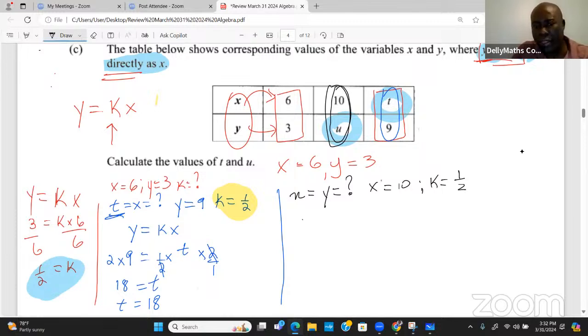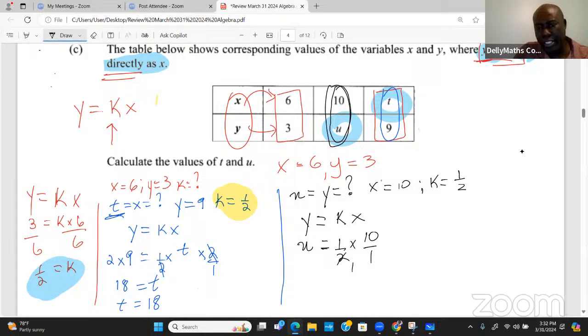Now, the same formula that we have been using will work until this question is finished. Y is equal to kx. As you could see, y is what we want to find. It is called u, and it is equal to k, which is half, times x, and x in this case is 10.